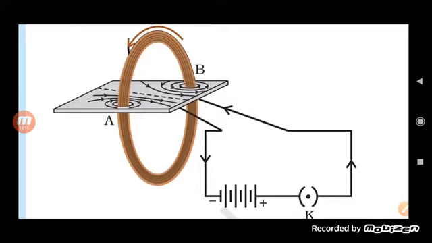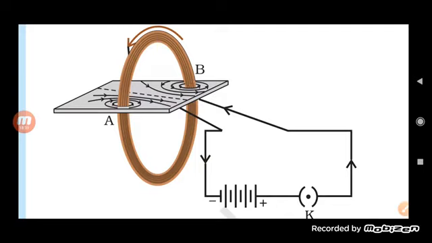A key is also inserted in it. Now when the current starts passing through it, one more thing you have to do: you take a cardboard in which you make two holes, and from the two holes the circular loop comes out, right?